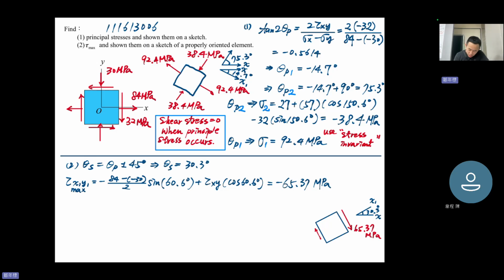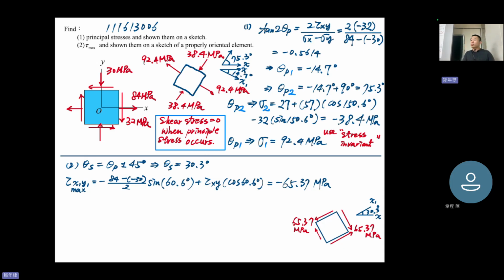You can get the other side, 65.33 MPa, and you can get another set because all the shear stresses come in pairs, right? So yeah, this is the maximum shear stress direction.